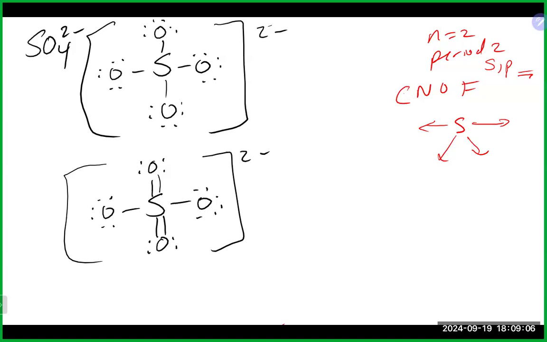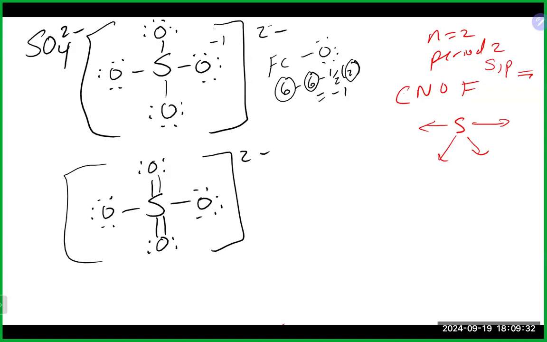Actually, we talked about this as well when we talked about formal charge, right? So if we did our formal charge, for example, on our single bonded oxygen, that would be 6 minus 6 minus 1/2 of 2 is a -1, right? So that's again valence electrons in the atom, number of non-bonding electrons, half the number of bonding electrons.